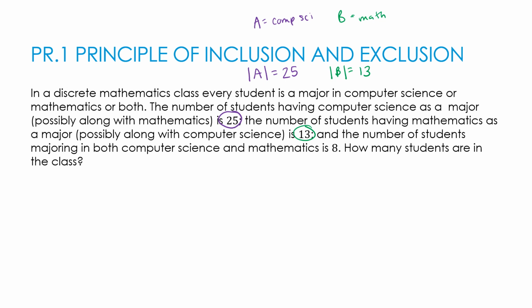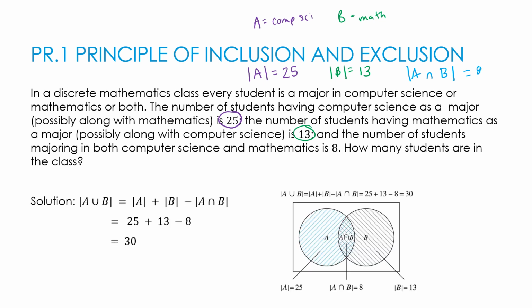The number of students majoring in both is 8. So essentially they have told me that A intersect B, the number in each, or in both, excuse me, is 8. So now, without even having to do this, which of course I can do if I want to, really all I have to do is take 25 plus 13 minus 8 to get the 30.